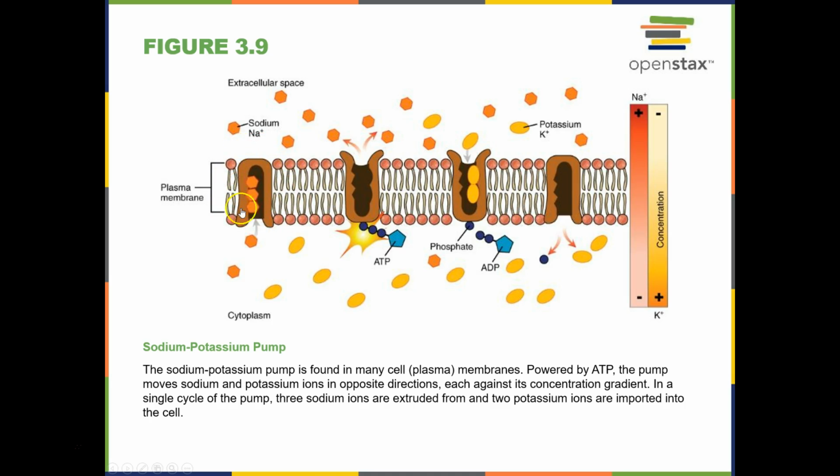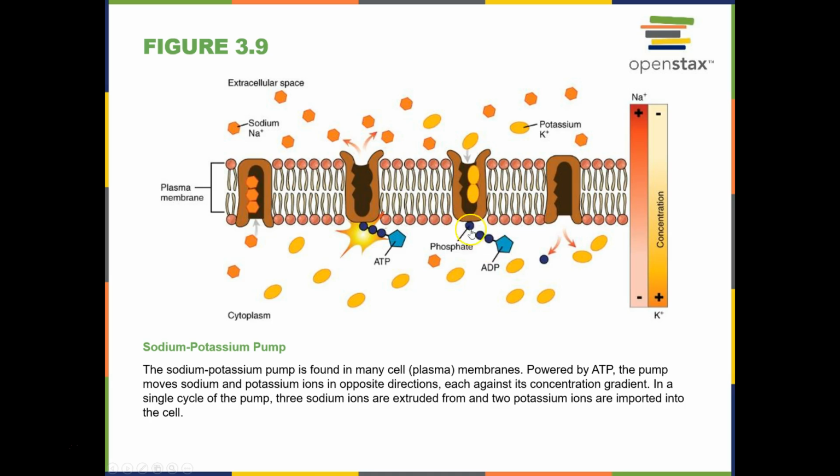The sodium-potassium pump does this. And how it works is you have 3 sodium ions bind, then ATP binds and activates the pump. Once it binds, the binding of ATP changes the shape of the pump, causing it to open to the extracellular region. Sodium is released, potassium can bind. ATP is then hydrolyzed or broken down into ADP plus the phosphate.